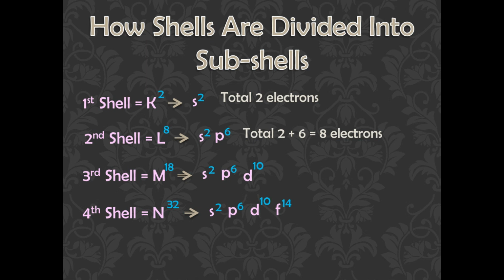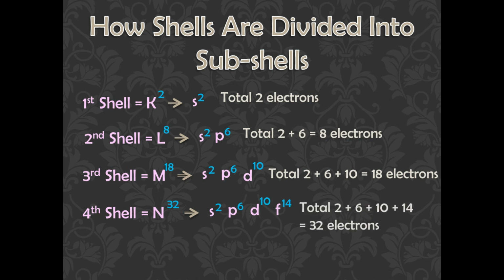So 2 plus 6 makes 8. In the third shell, electrons are divided like 2 in S, 6 in P and 10 in D. 2 plus 6 plus 10 makes 18 electrons, which is the capacity of the M shell.